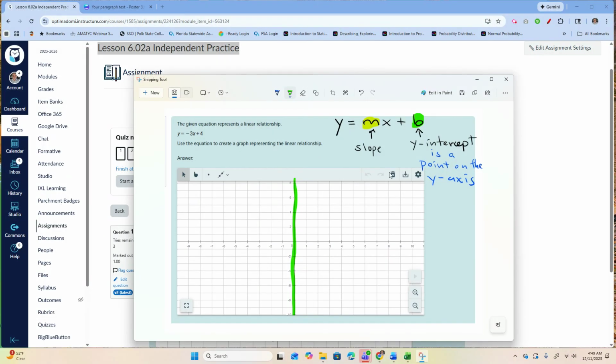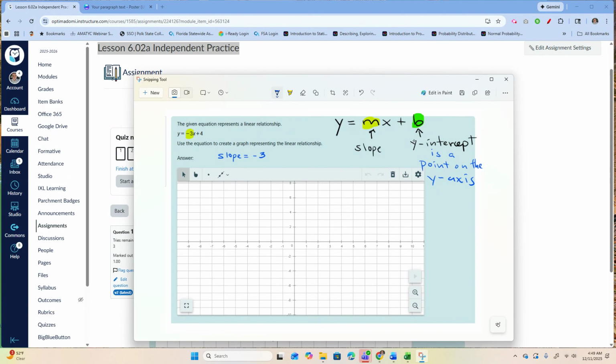All right. Now, what I'm going to do is look at this equation and identify who is my slope. And my slope is always the number that is multiplying the x. And the number multiplying the x here is negative 3. So I'm going to write here slope is negative 3.